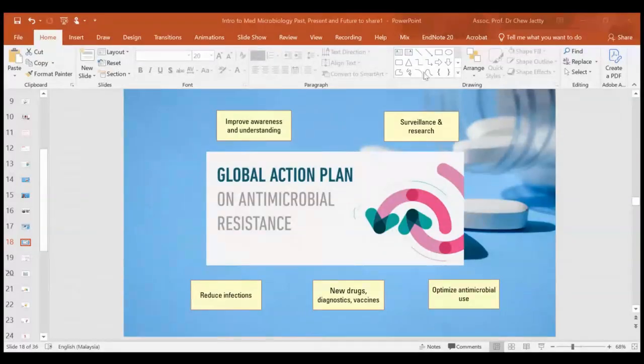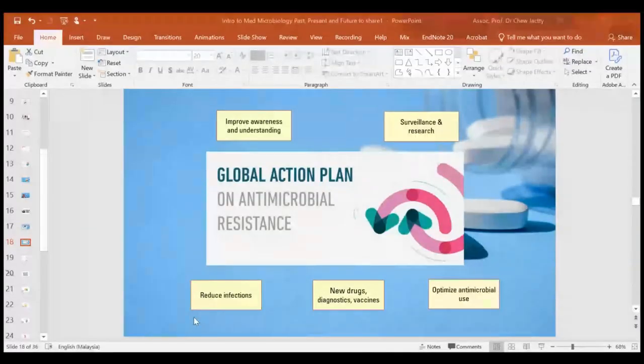And also to conduct surveillance and research on antimicrobial resistance and to slow down the AMR. Another objective of the Global Action Plan is to reduce infection. No infections, less infection, less chances of resistant organisms developing in you.